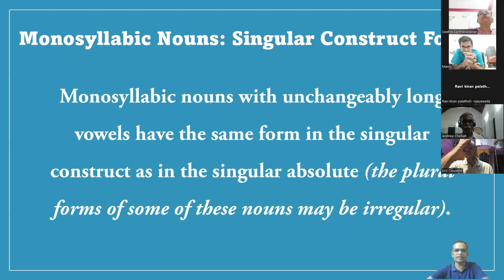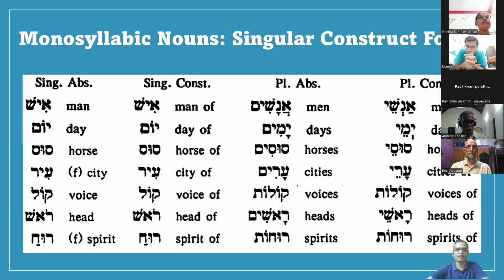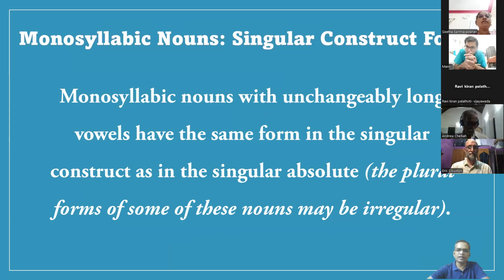The first category is monosyllabic nouns with unchangeably long vowels. They have the same form in the singular construct as well as in the absolute form. Some irregular nouns may appear, but otherwise the rule is that monosyllabic nouns with unchangeably long vowels will be the same both in the construct as well as in the absolute state.